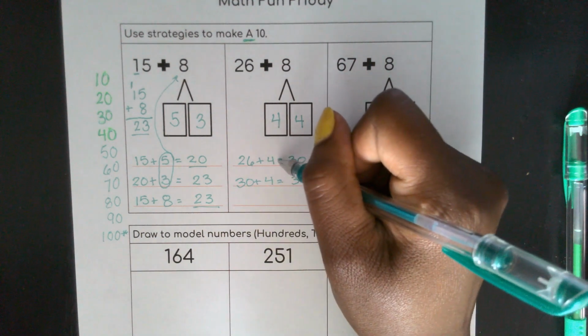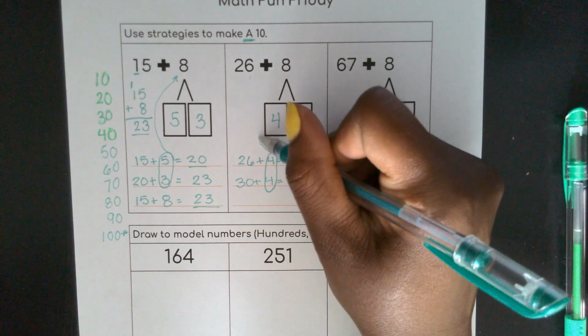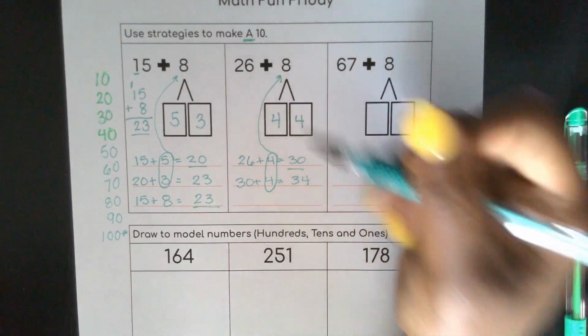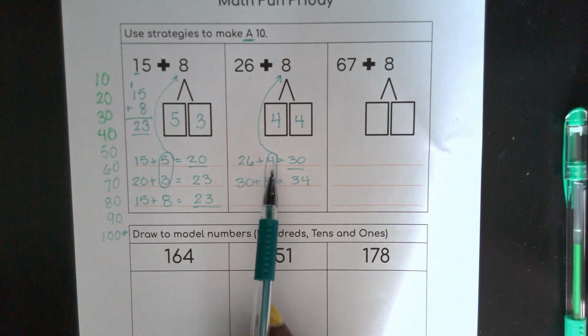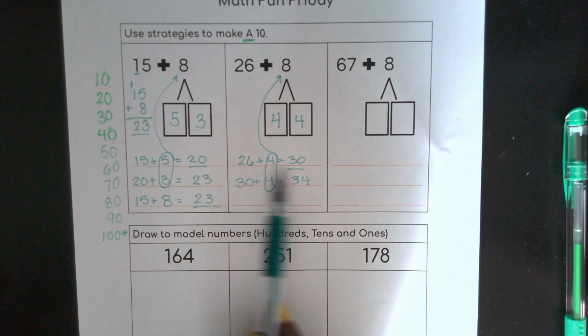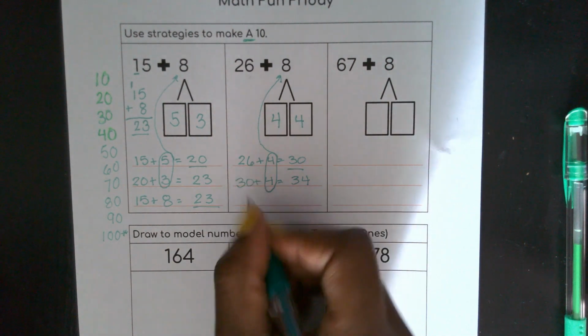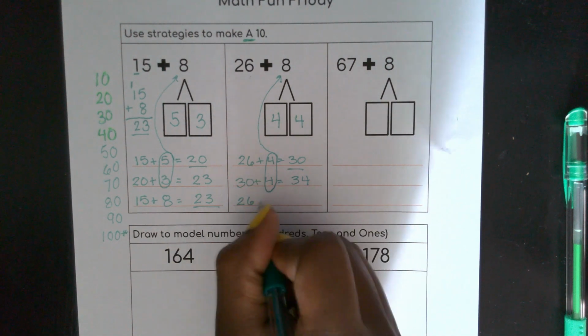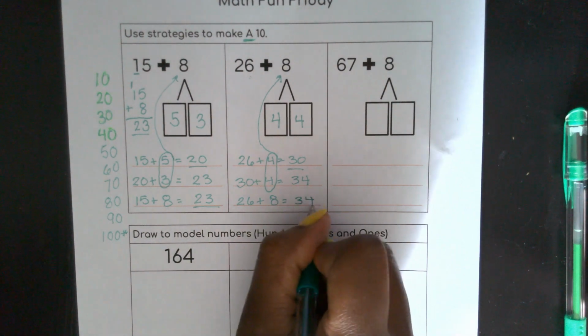Look at what I added, 4 plus 4, that gives me my 8. So I can do this mentally in my head once I know how to make 10. So 26 plus 8 equals 34.